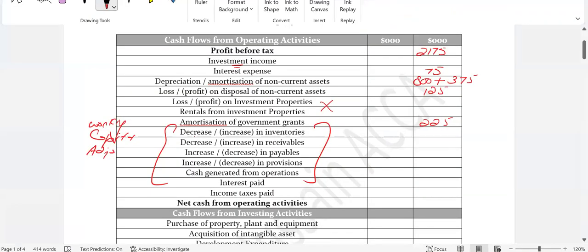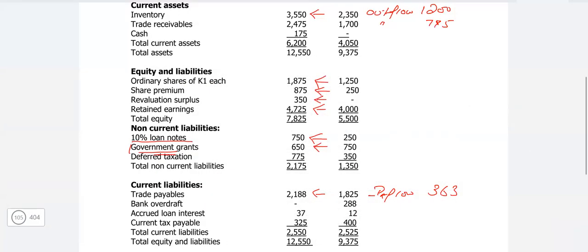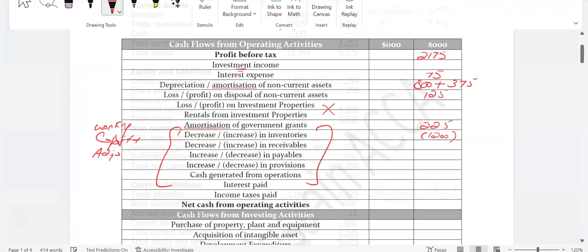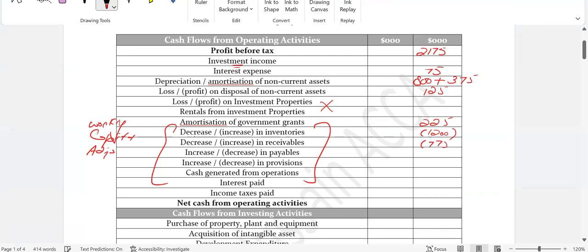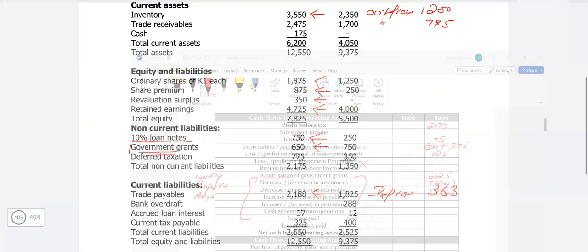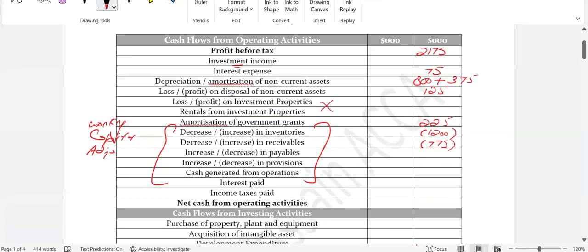Now we can go to the question and write these figures. Inventory is 1200 outflow. Then we have the receivables, 775 outflow. Then we have the payables, which is 363 inflow.